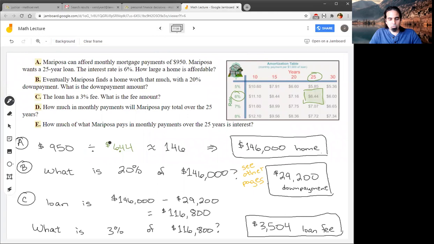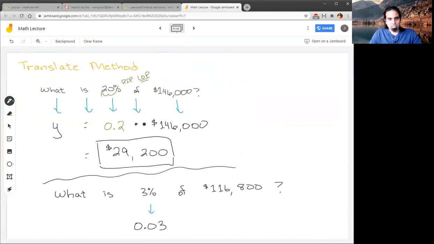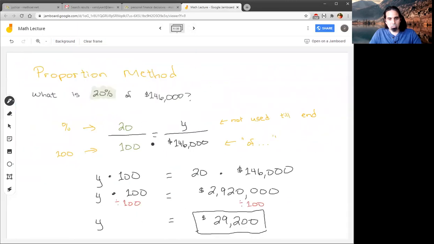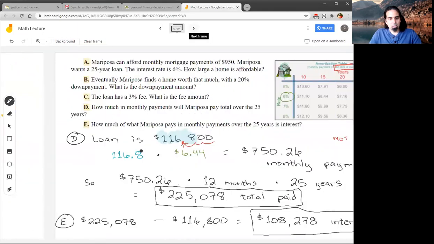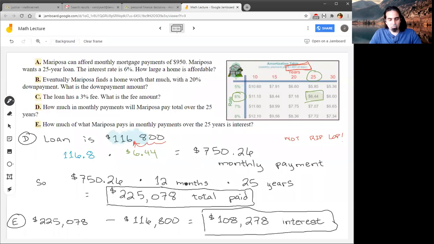We've done a little dividing, we've done some subtraction, we've done a translate method or a proportion method, your choice, which is again not that bad. We've done some more multiplying, we've done some subtraction, right? These are all doable steps, but there's so many steps. The chance that you can do all of this, especially if you're up late at night and your brain is tired and you're trying to get your homework done, and do it accurately, you're just asking for trouble trying to be accurate with so many steps.